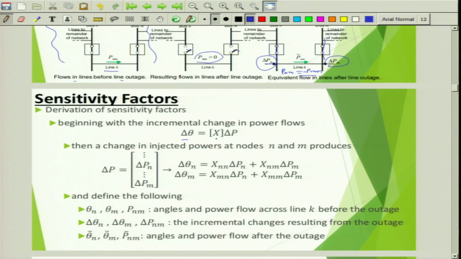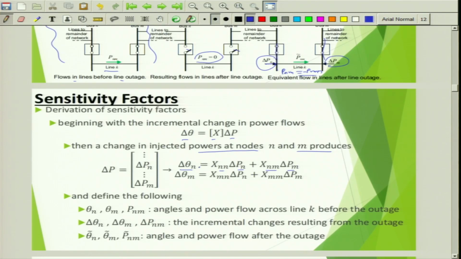So delta theta is equal to X into delta P, a change in injected power at nodes N and M produces this. Now delta P is a vector, and many buses could be there. Now how do you represent it? Delta theta n is nothing but xnn into delta Pn plus xnm into delta Pm.